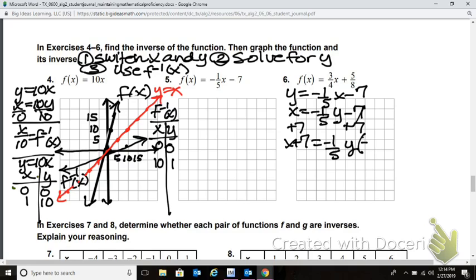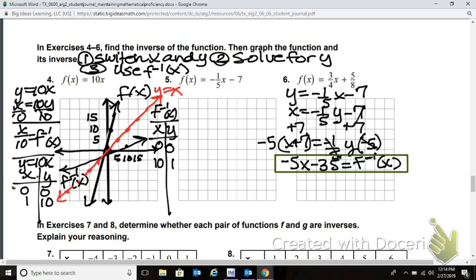So that means we multiply the reciprocal, negative 5, on both sides. It cancels on the right. We'll get negative 5x minus 35 equals y, and then we'll replace that with f to the negative 1 of x as our function notation.